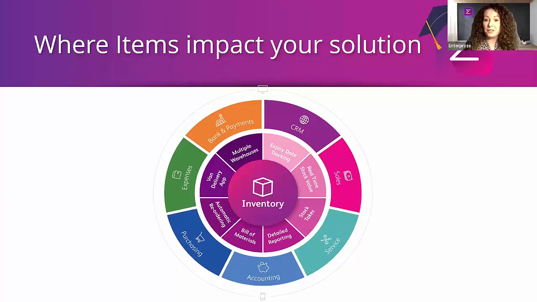And of course, services as well for items under warranty, that you can link up your service calls to your items. So lots of different things that impact throughout the system, all in relation to your stock. And you can see there certain things around reporting, stock takes, bill of materials, your expiry dates, which is on your batch items and your serial items. So lots of implications around the entire platform.